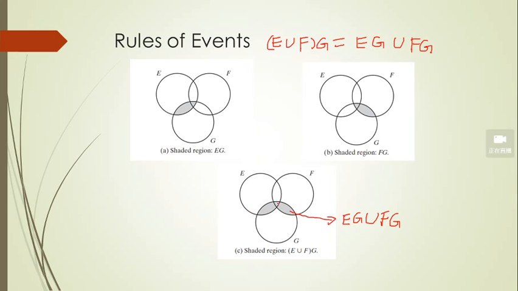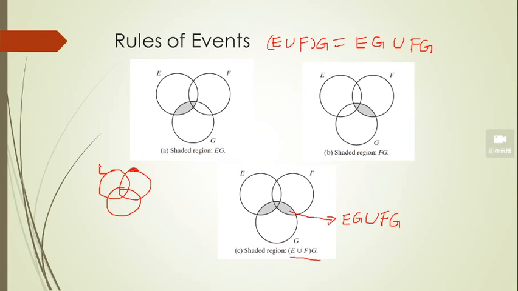So EG union FG, that is this part. How can we understand this part is the same as (E union F) and G? Let me show you, okay? How can we understand this part, the right side, is the same as the left side? Not perfect.